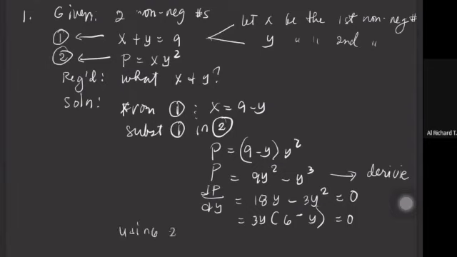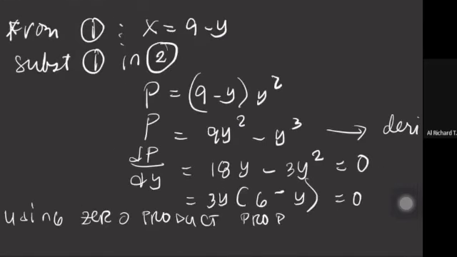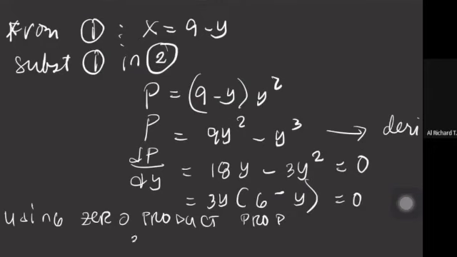Using zero product property of real numbers, we can solve for the values of y. And so the values of y, we have 3y equals 0, and the other one, 6 minus y equals 0, giving you y equals 6. Right?